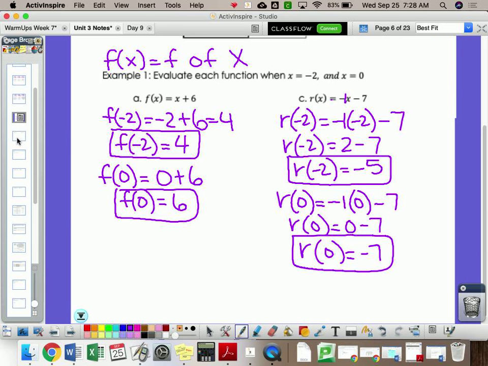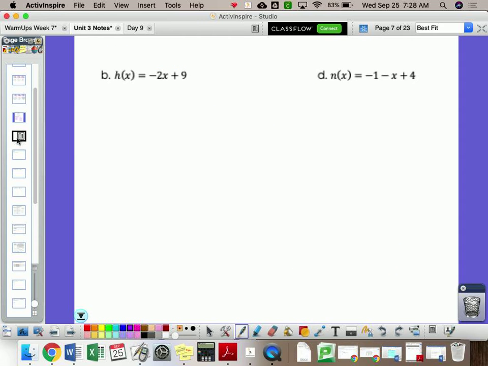Okay, let's look at the next example. So we're doing the same thing, plugging in x when x is -2 and when x is 0. Okay, so we're going to do both of those. So within the function of h, anywhere I see an x, I'm going to put a -2.